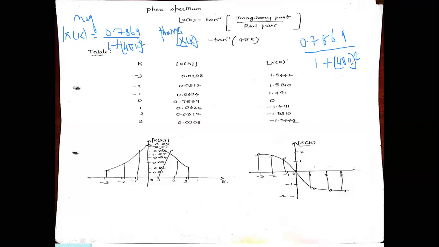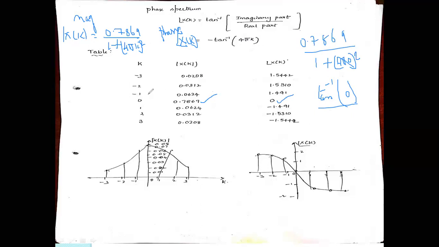Nothing but 0.7869 only. See here, 0.7869. At the same time, what is the phase value for k equal to 0? I am taking the angle minus tan inverse of 4 pi k. Tan inverse of 0, what is it? Sin inverse by cos inverse, sin 0 is 0. So the value is 0.